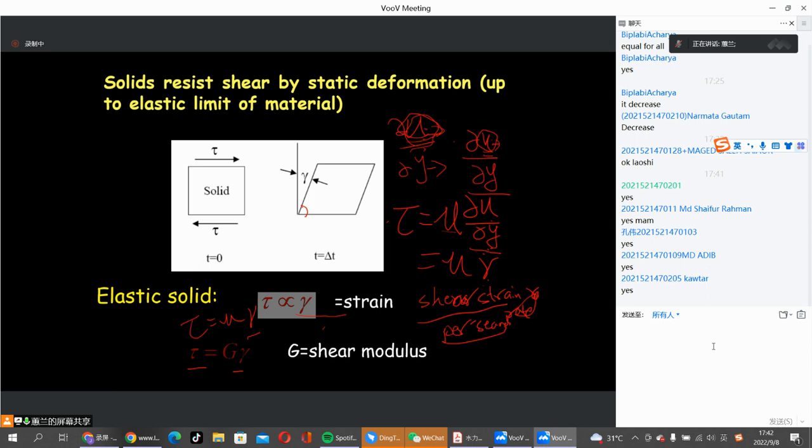So let's continue with viscosity. What happens to the fluid viscosity when temperature increases or decreases? It depends on whether it is liquid or gas.